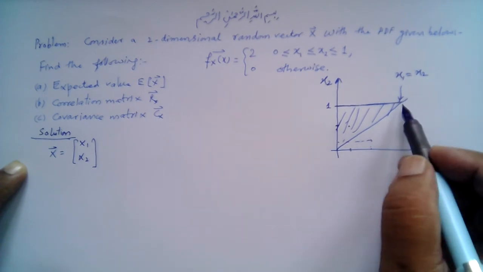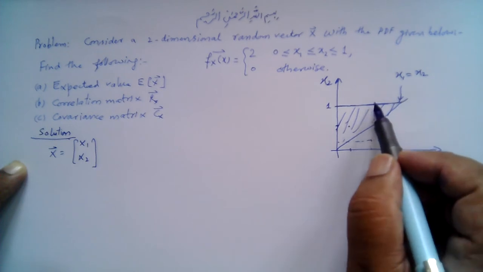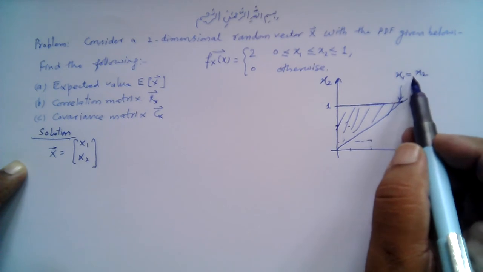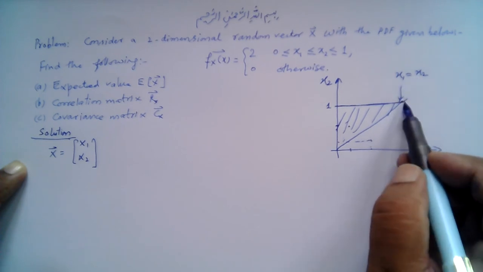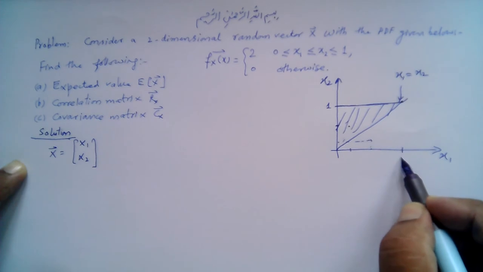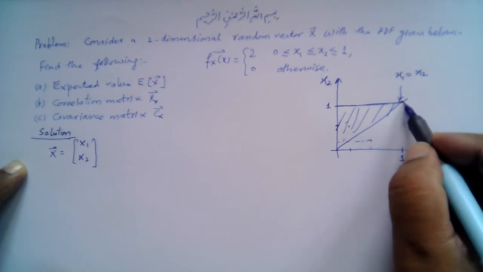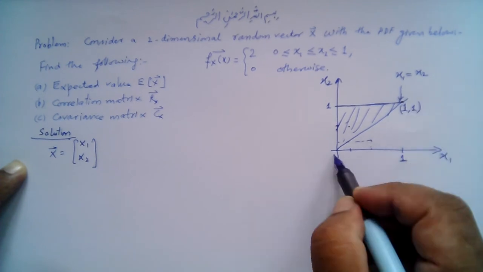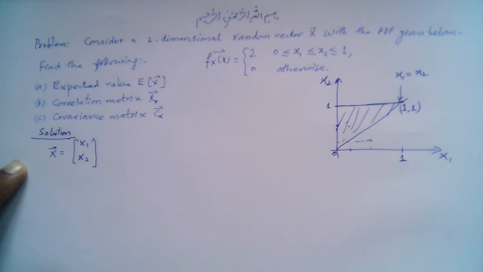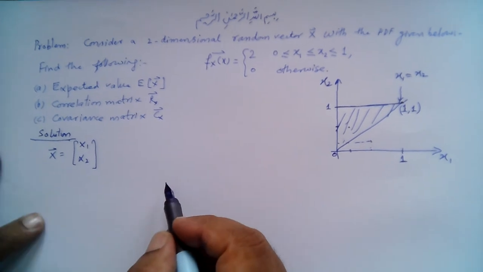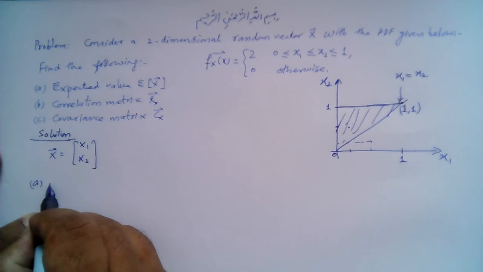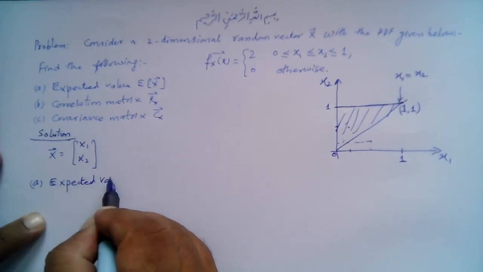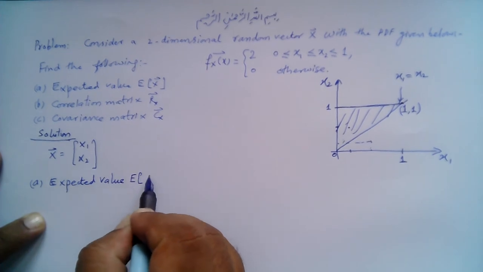And the coordinates of this point: x2 is 1 here, right? And this line is x2 equal to x1. So as x1 is equal to x2 and x2 is 1, x1 is also 1 here, right? So the coordinates of this point are 1, 1. This is the origin, 0. So now the expected value of the random vector x.